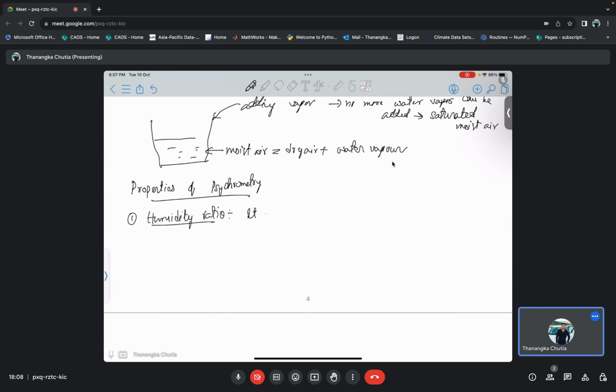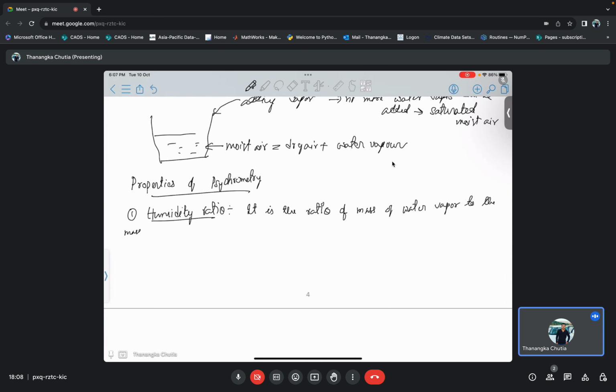It is the ratio of mass of water vapor to the mass of dry air, and it is also known as specific humidity.